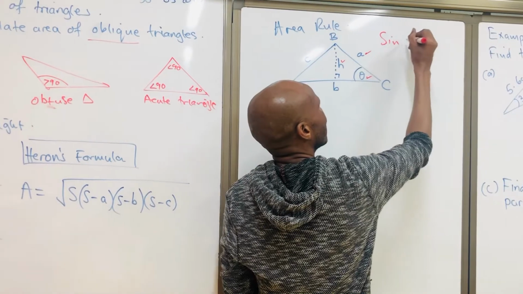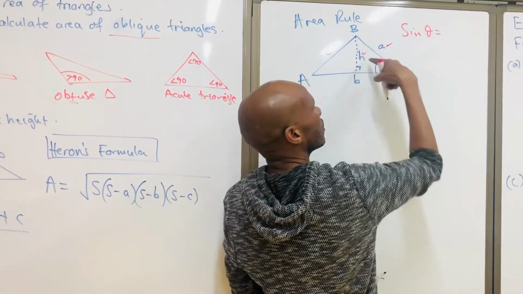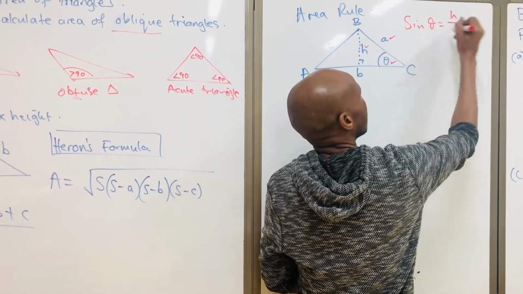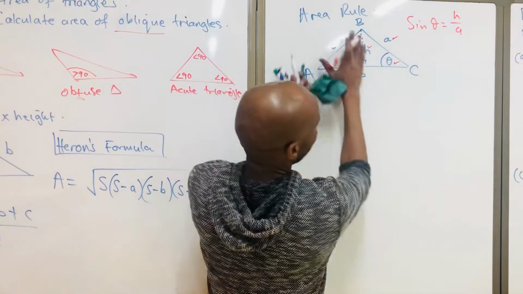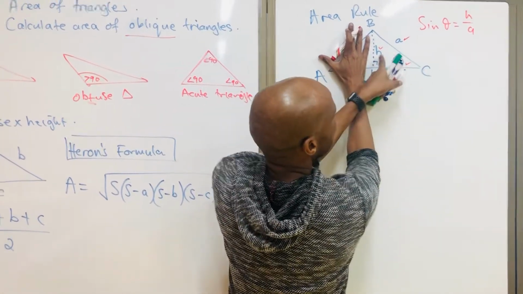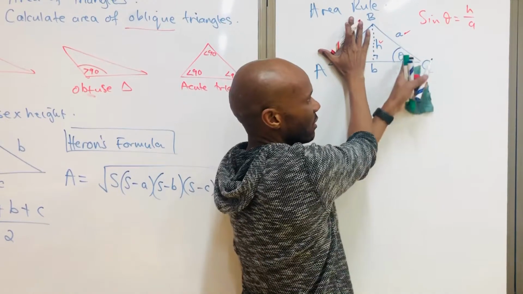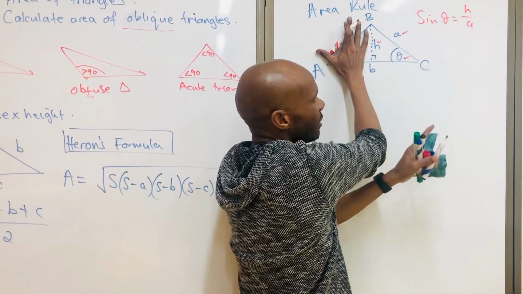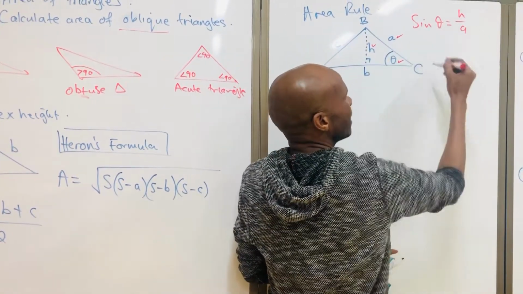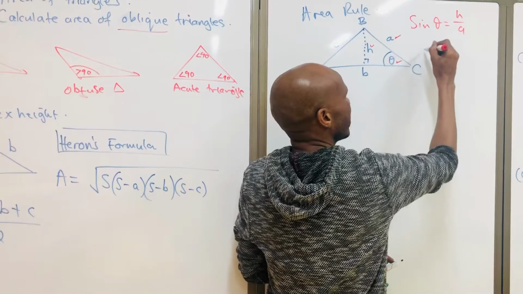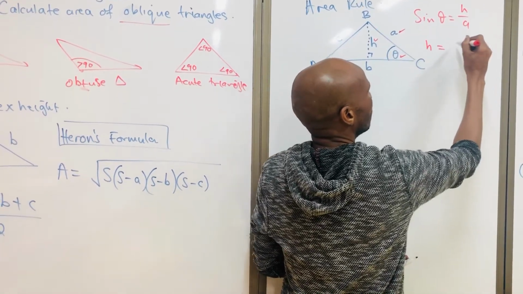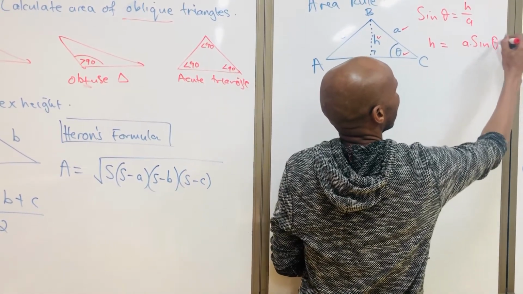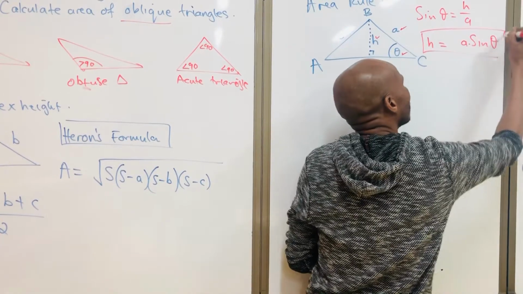So we can say sine theta is equal to opposite over hypotenuse, which is h over a. Do you agree that in this triangle, this h is opposite your angle, and this a is the hypotenuse? So now, what would your height be? Let's rearrange: h is a sine theta. So now I know what my height is.